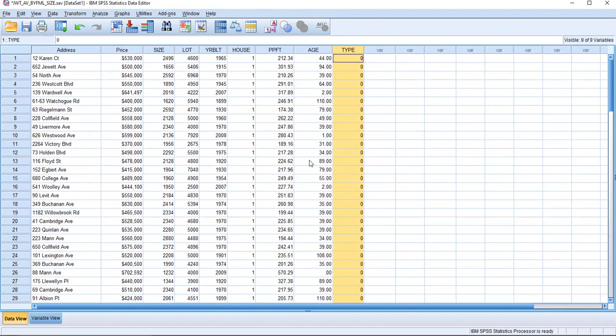I will state a hypothesis and say, in these neighborhoods where we identify these houses, wherever these houses are from, that the average price of houses in this neighborhood is about, say, $450,000 or more than $450,000.